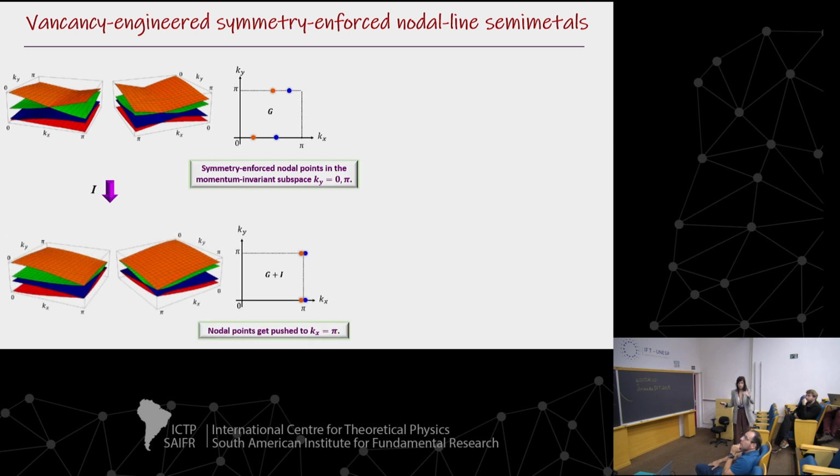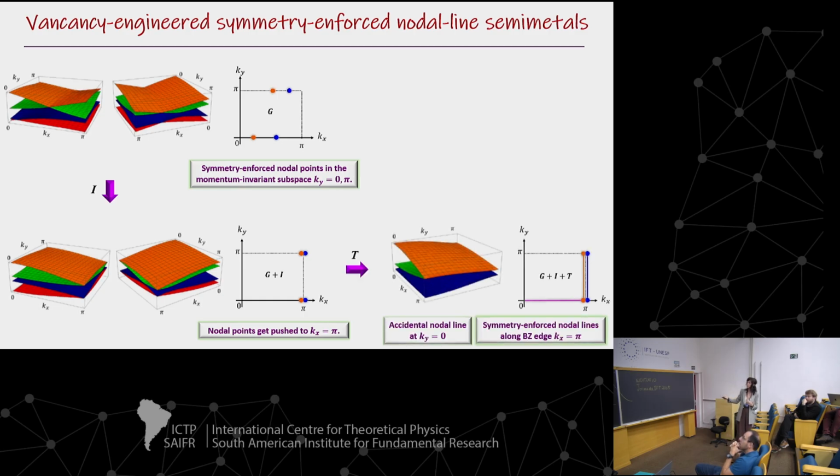And if you progressively include the second symmetry, which I told you is inversion, what it does, it just pushes those 2 points to kx equals pi, and then time reversal symmetry will join those symmetry enforced points along parallel to the ky direction. Accidentally, it also generates an accidental nodal line at ky equals 0 when you impose time reversal symmetry, but that's not very important for today's talk.